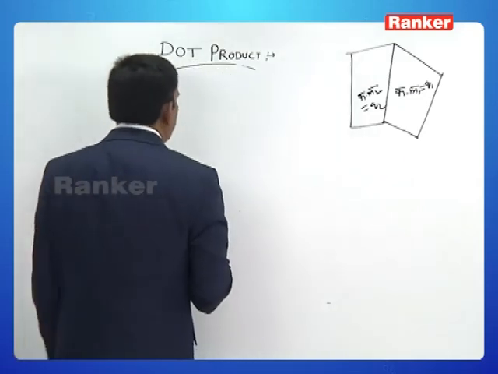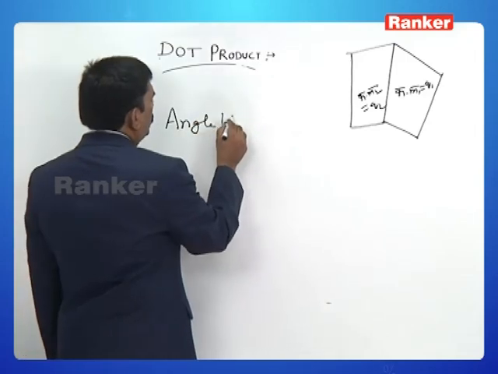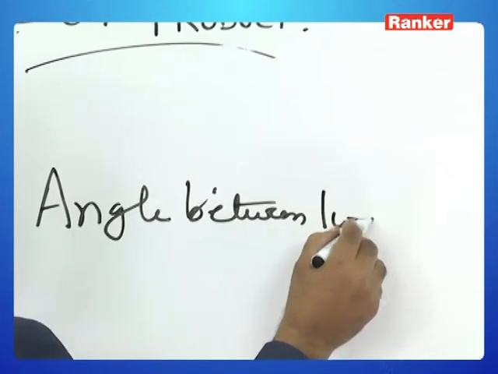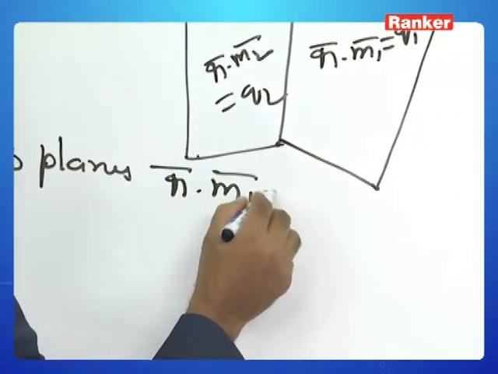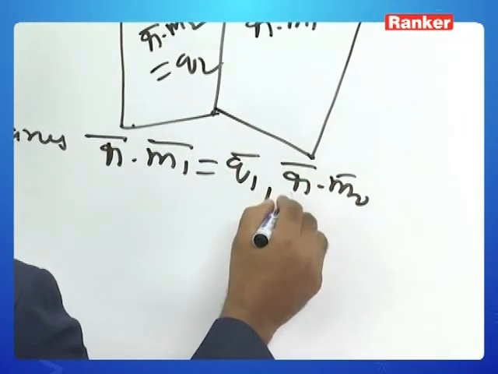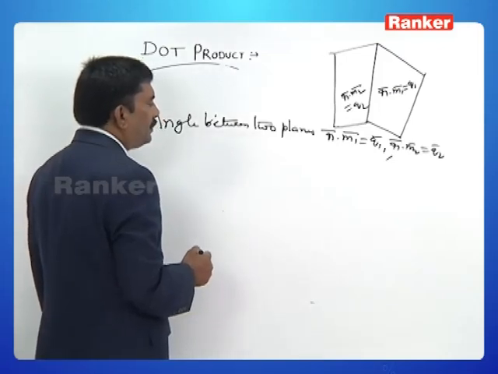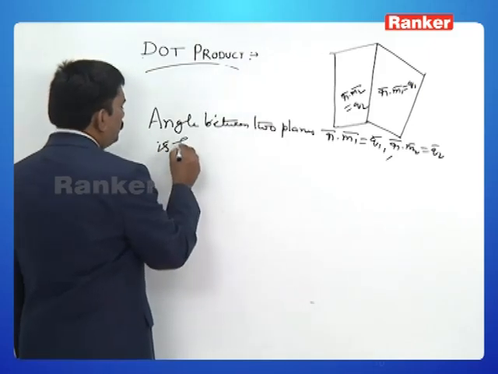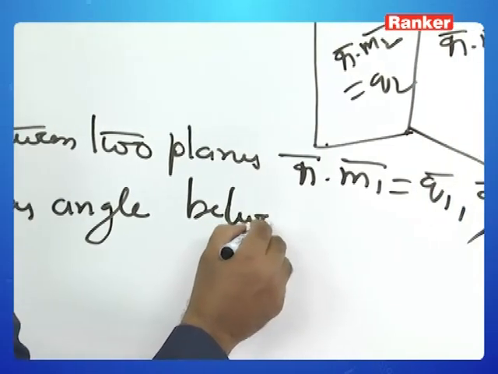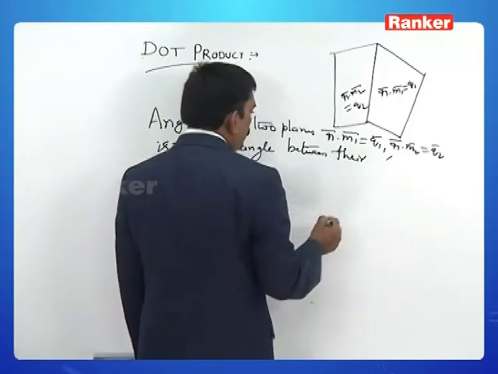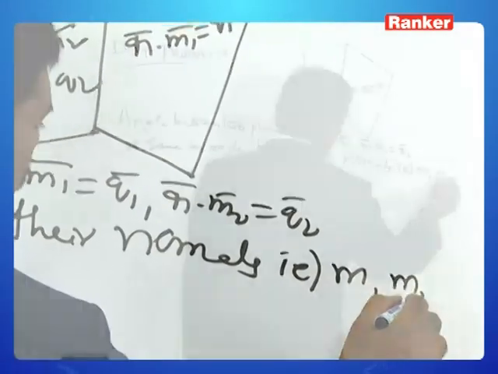Definition says, the angle between two planes r bar dot m1 bar is equal to q1, r bar dot m2 bar is equal to q2 is same as angle between their normals, that is m1, m2.